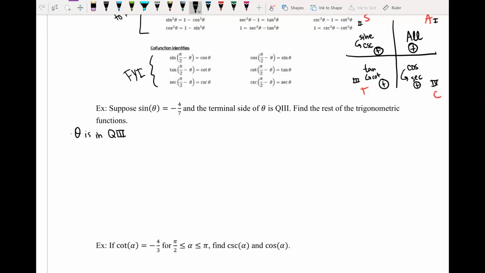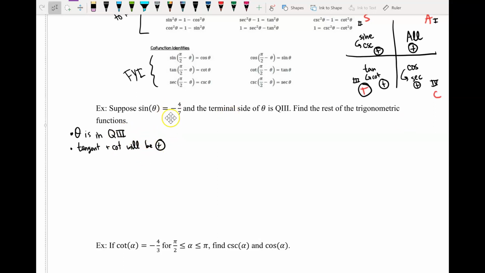And if you see in quadrant 3, only the tangent and cotangent will be positive. Okay, so that's what we know.